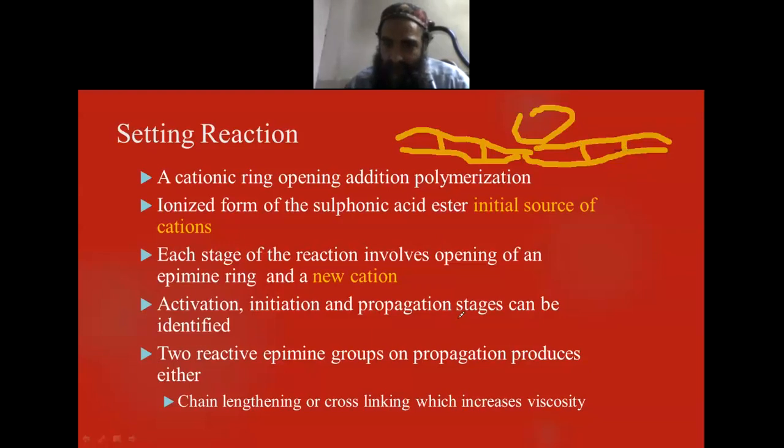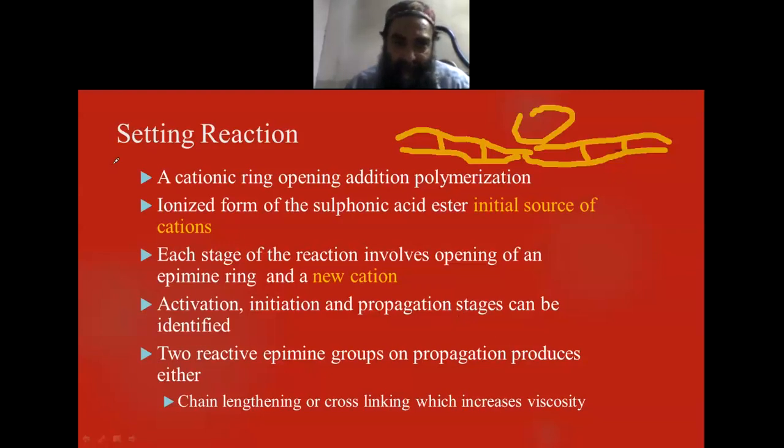Activation, initiation, and propagation stages can be identified. These are the stages of polymerization of addition type. Two reactive epimine groups on propagation produce either chain lengthening or cross linking, which increases viscosity.